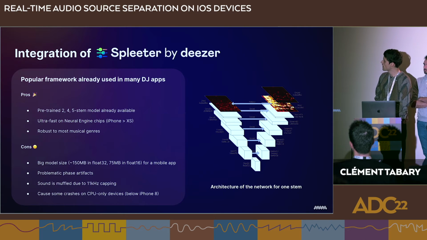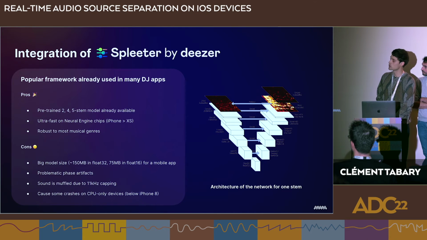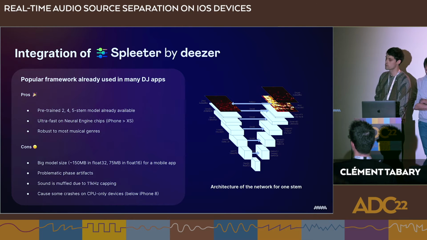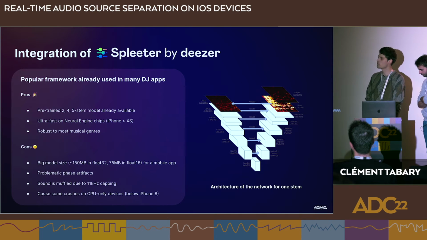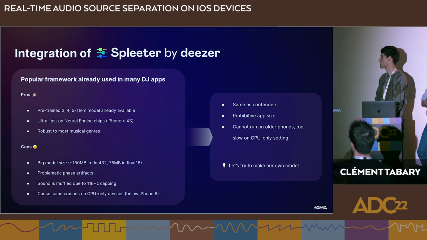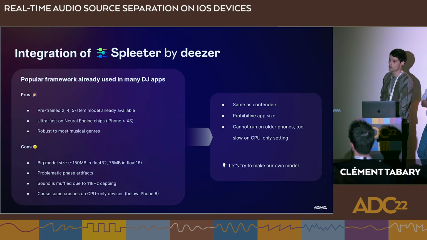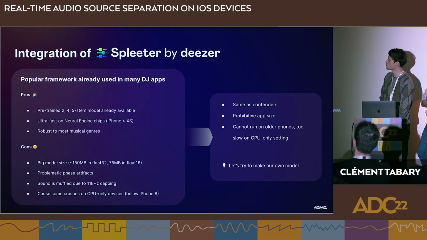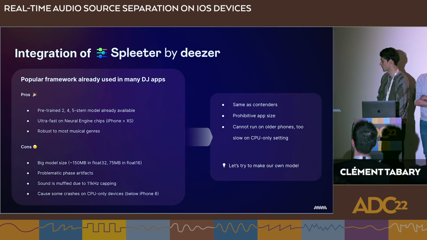And when we tried to use this model on older iPhones, below the iPhone 8, we had some crashes. So I guess the model wasn't performing on that range of iPhone. We drew the conclusion that this model was suitable, but the same as the contenders. So we wanted to make our own.